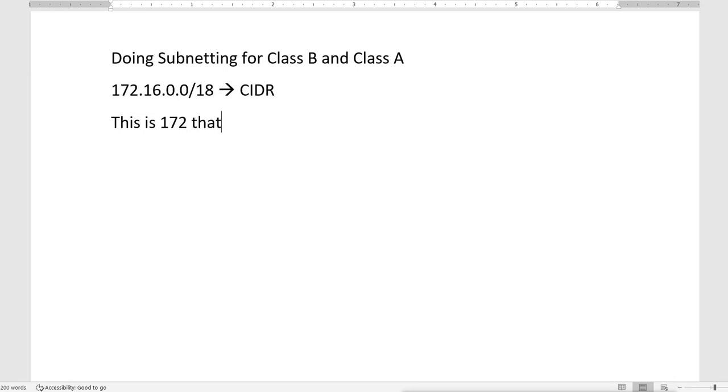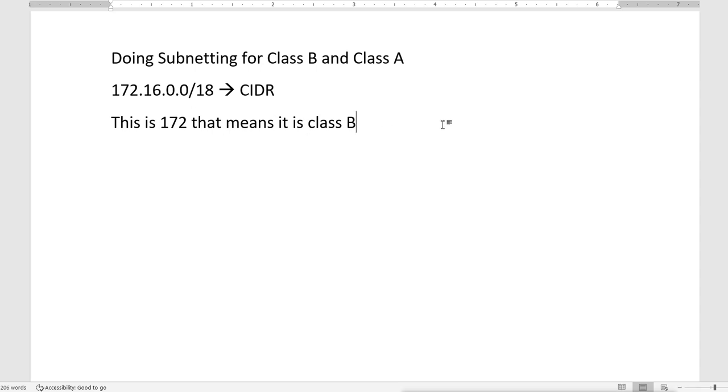That means it is class B, because the class B range starts from 128 to 191, and this 172 comes under class B. So it is class B.